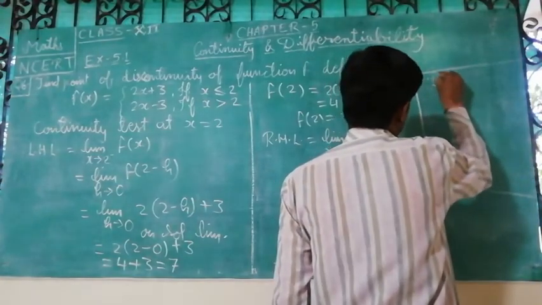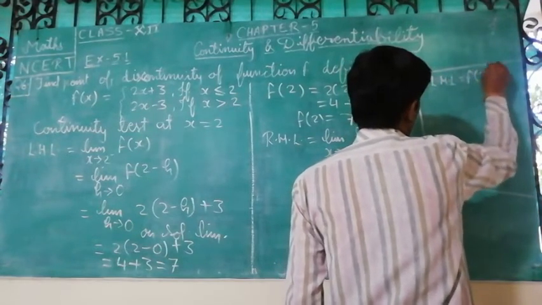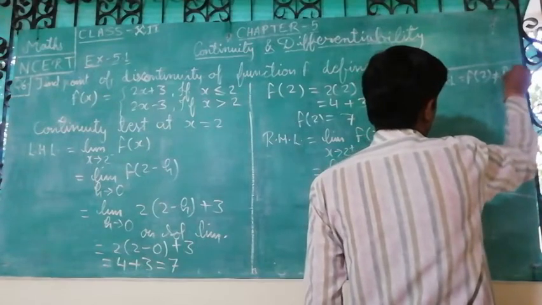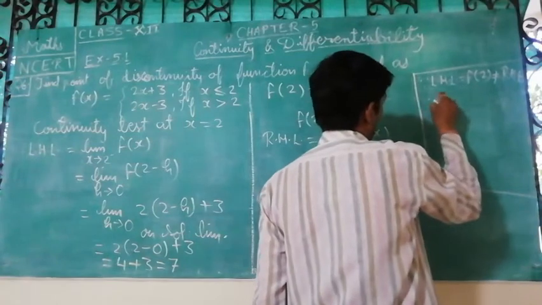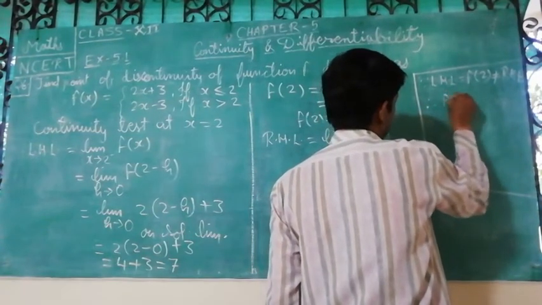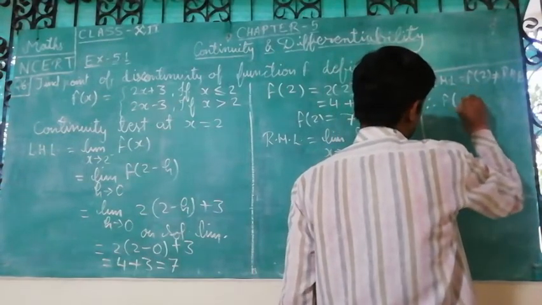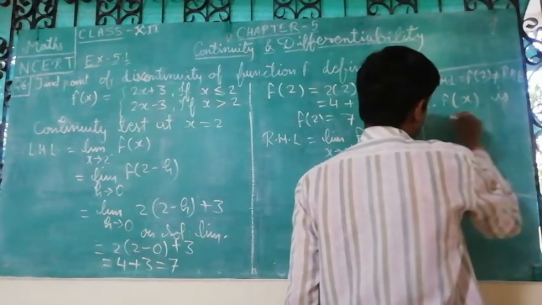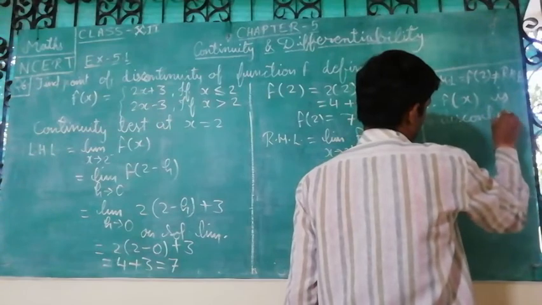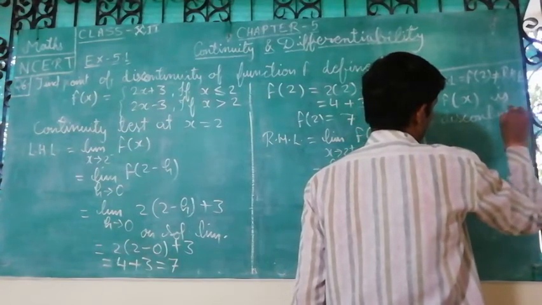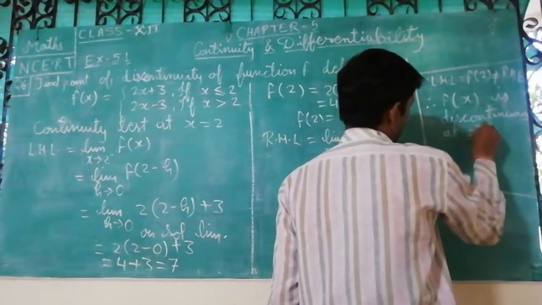Because LHL is equal to f of 2, but it is not equal to RHL, therefore f of x is discontinuous at x is equal to 2.